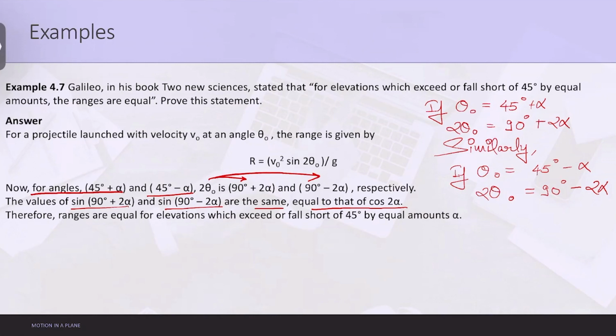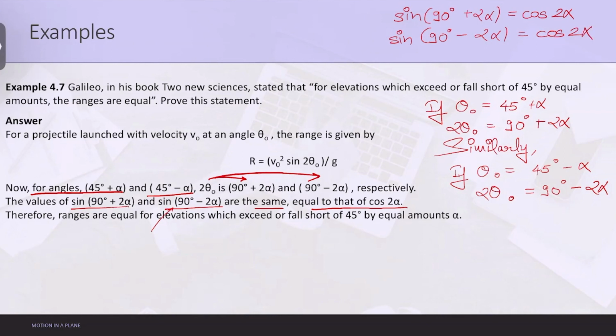Using these formulas, you will finally obtain that, as will be understood in the mathematics chapter, sine 90 degrees plus 2 alpha will give you cos 2 alpha, and sine 90 degrees minus 2 alpha will give you cos 2 alpha.